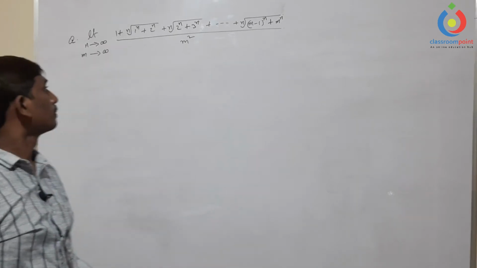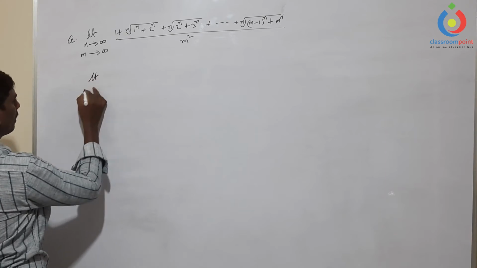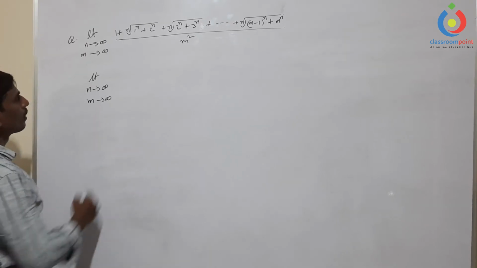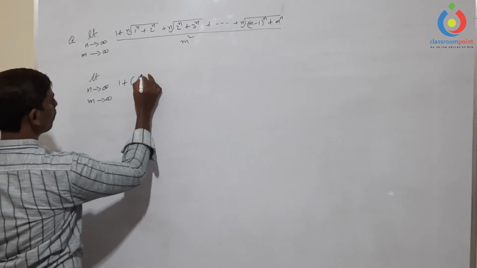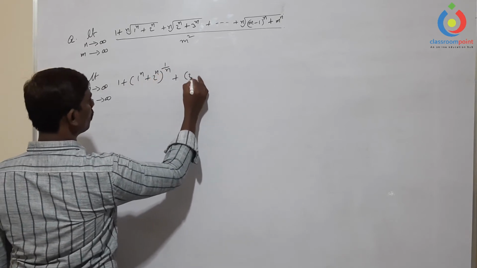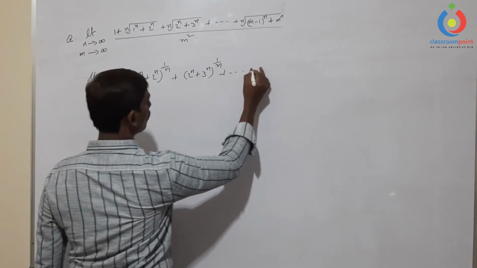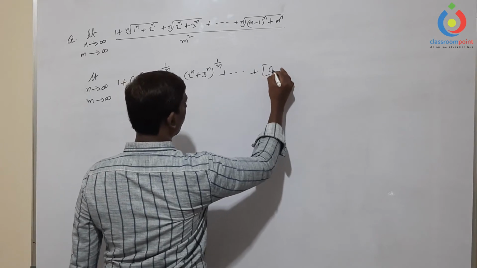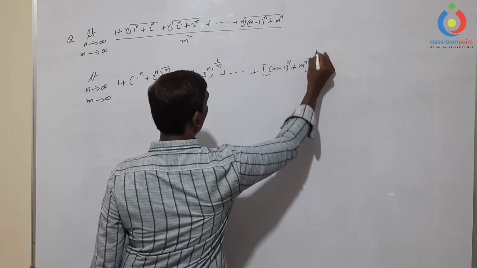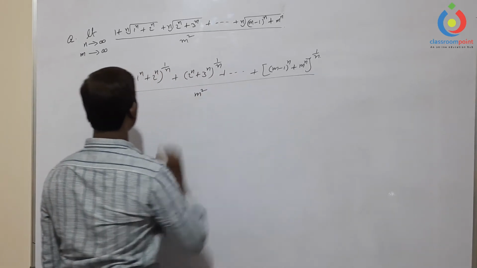Then what to do here? First of all, limit n tends to infinity, m tends to infinity: 1 plus (1 power n plus 2 power n) whole power 1 by n, (2 power n plus 3 power n) whole power 1 by n and so on, ((m minus 1) power n plus m power n) whole power 1 by n, whole divided by m square.